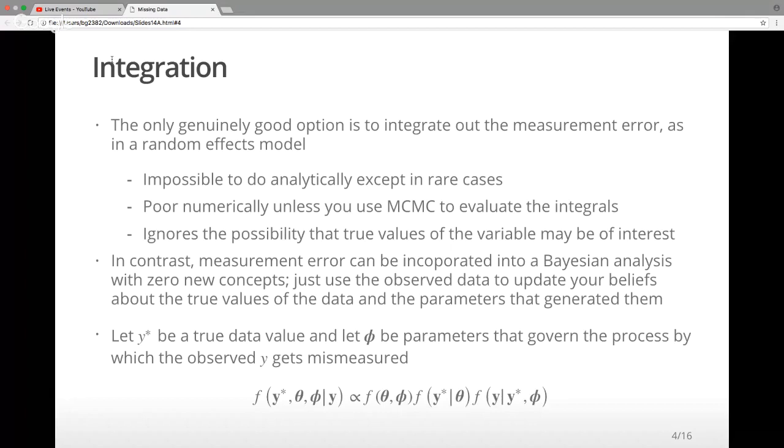So the number of things to estimate also goes to infinity. And in that case, maximum likelihood estimators do not produce consistent estimates of anything. So you really need to be able to integrate out the Y stars in order to leave yourself just estimating theta. But that's really not practical.